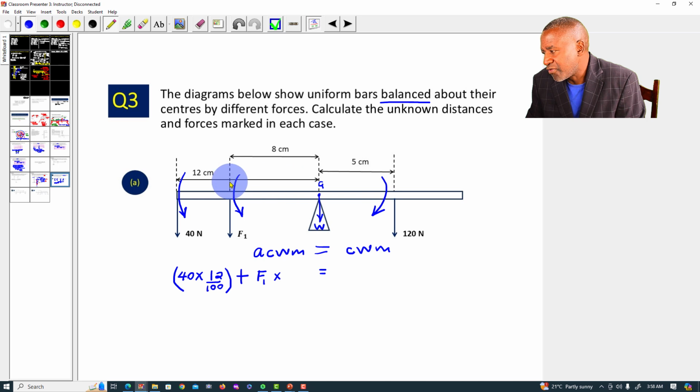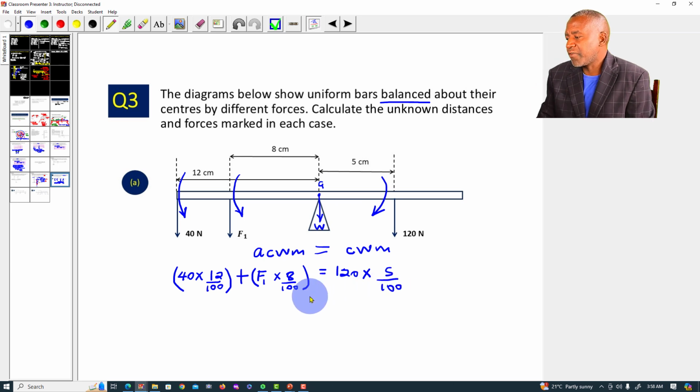It is this much distance here, which is 8 centimeters, so this one will be 8, again divided by 100. The clockwise moment will be due to 120 times 5, again divided by 100.